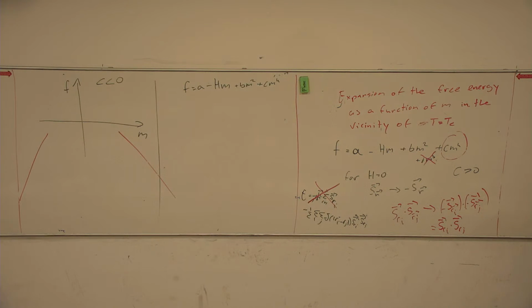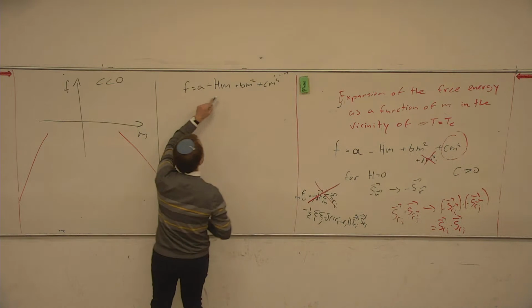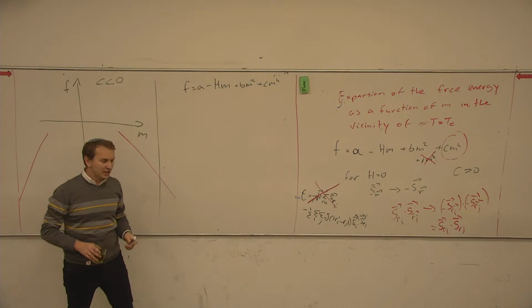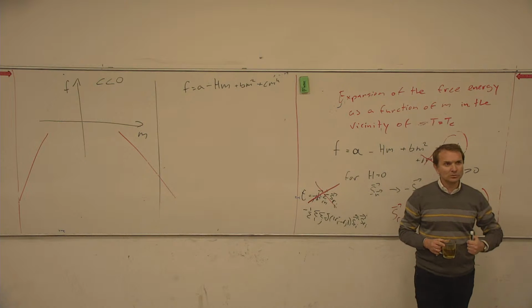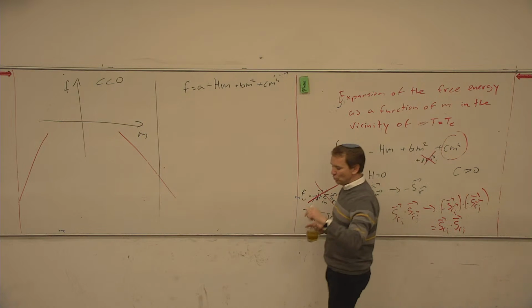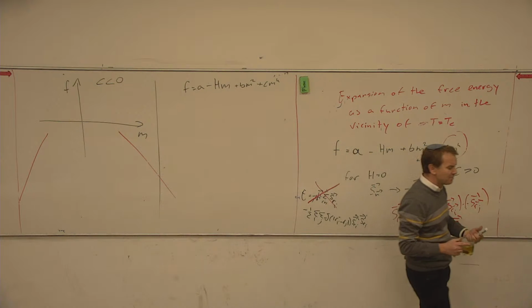So the next step that we do, right, we say, well, we need to explore how this function is behaving as a function of m. Are there any saddle points? Are there any minimal points that can change into less minimal points, so that there's a transition from steady state to metastable state?